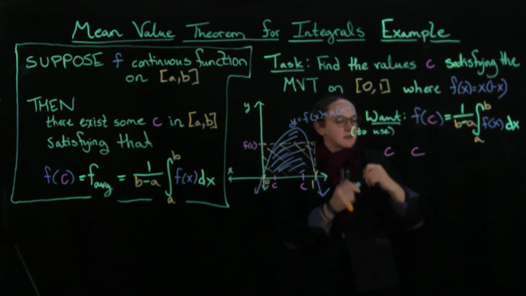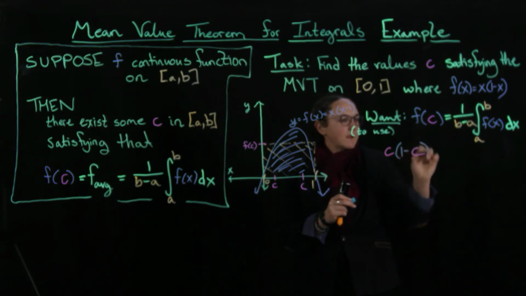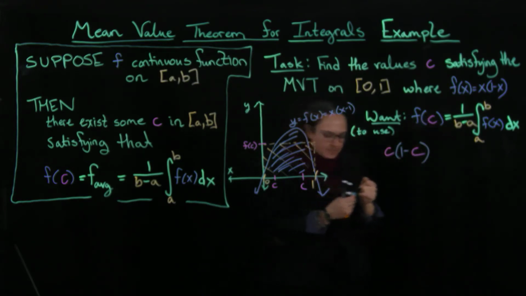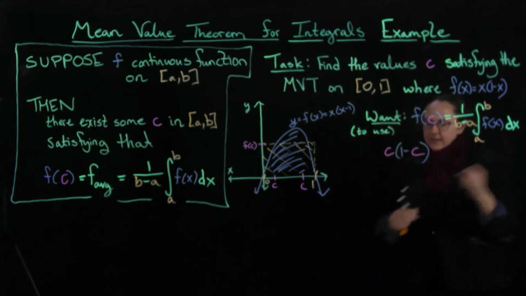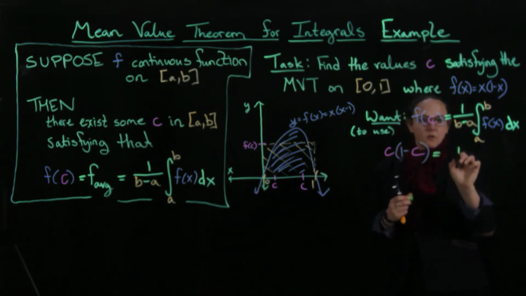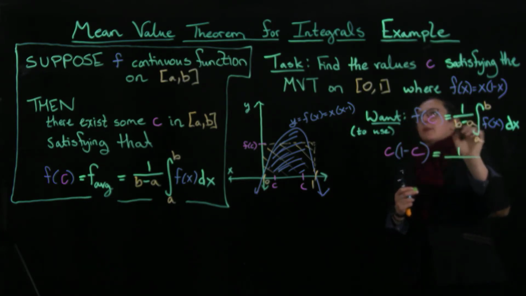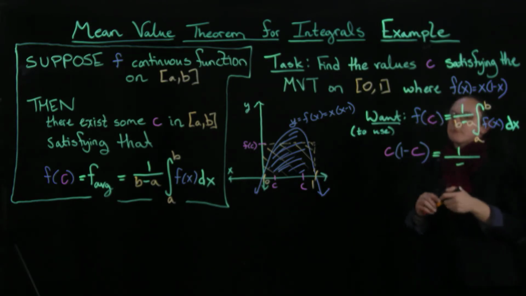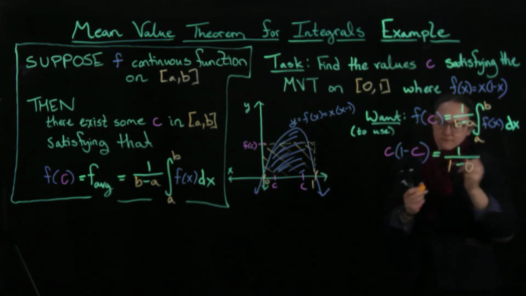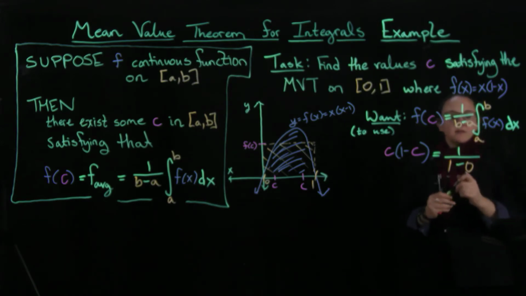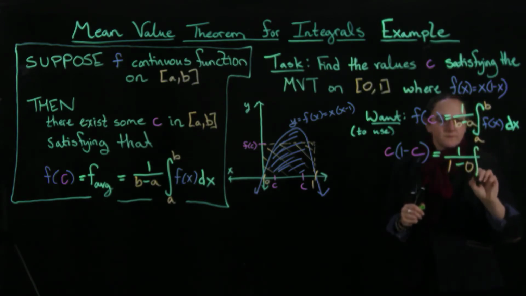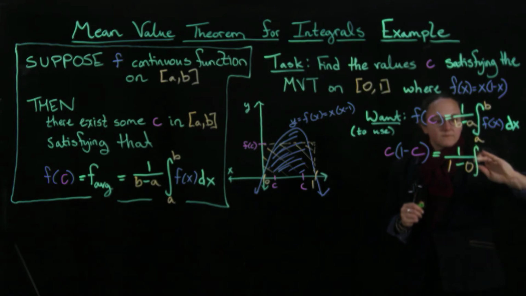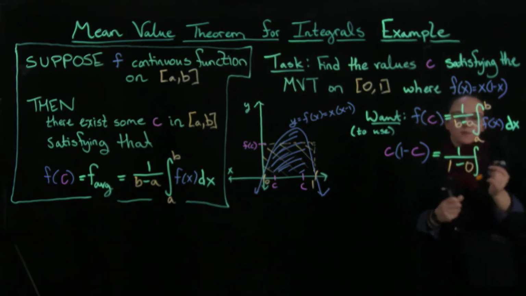So I plugged in the f there, and on the other side this is going to equal 1 over b minus a, so that's our 1 minus 0. And then we have this integral from 0 to 1.